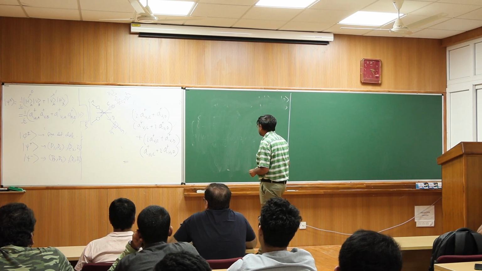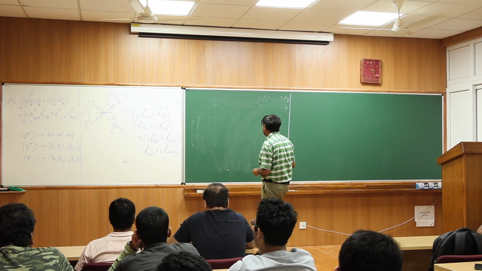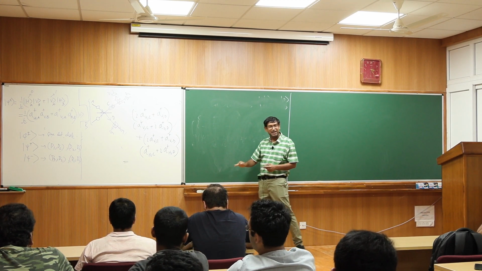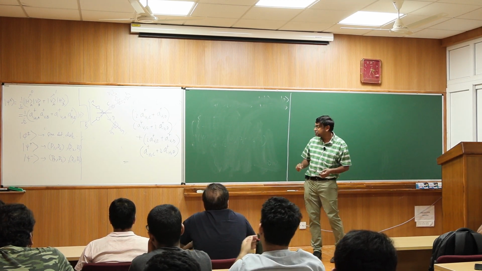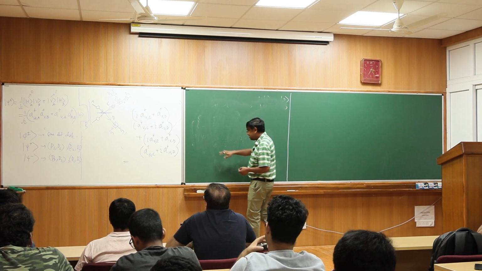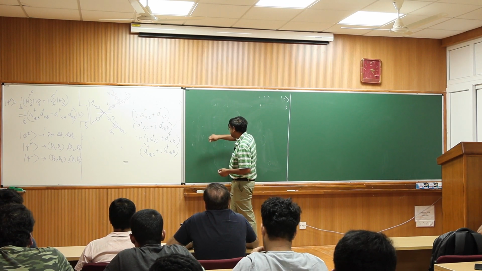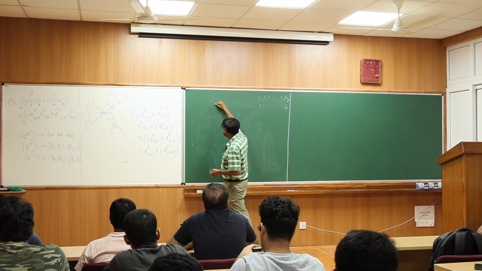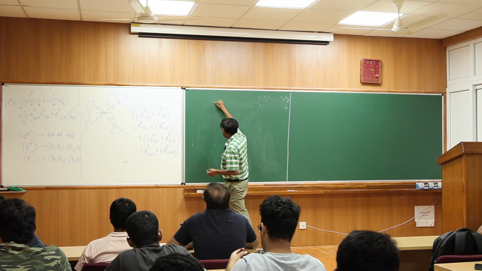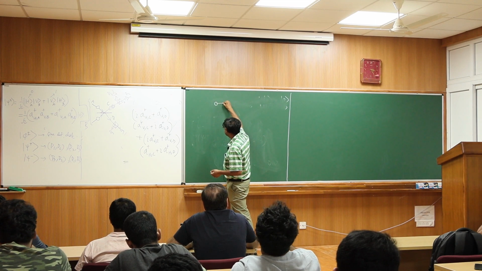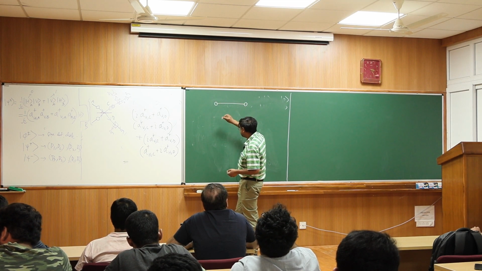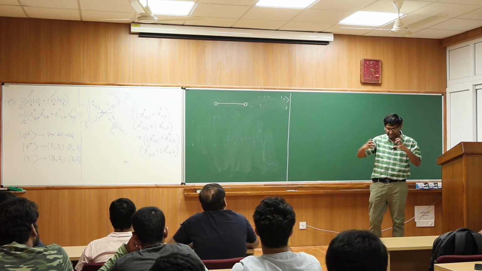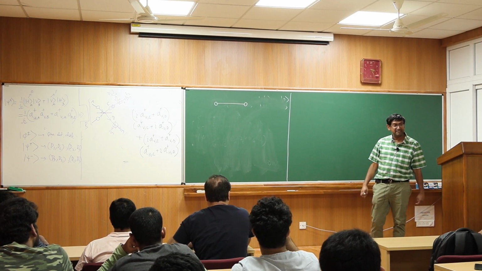So let us come back. Now some kind of funny story, building up on the teleportation that I told last time. Suppose Alice and Bob were sharing lots of maximally entangled states.